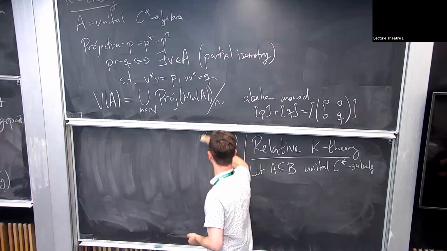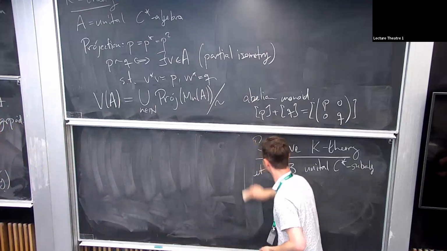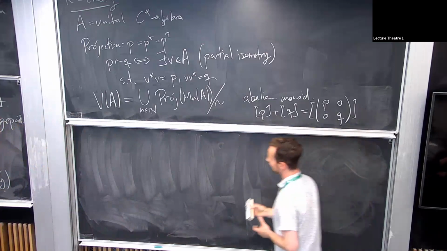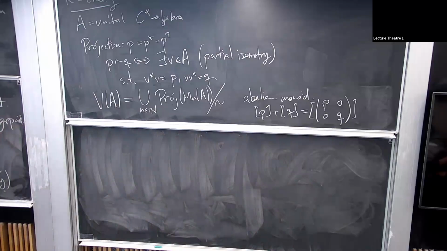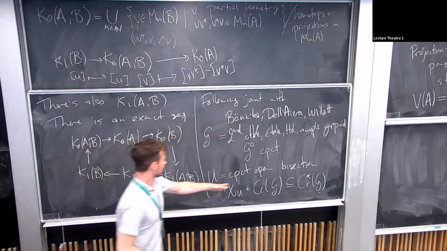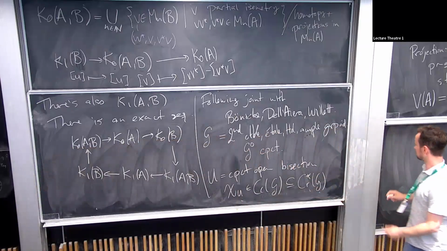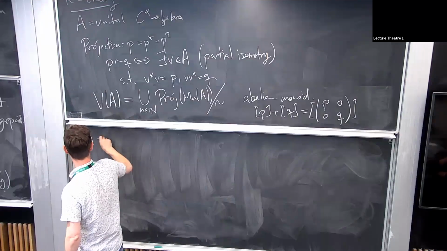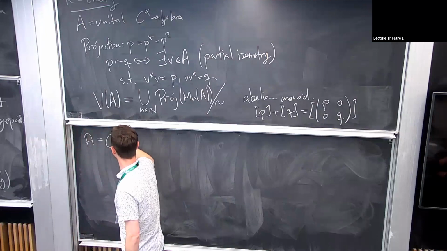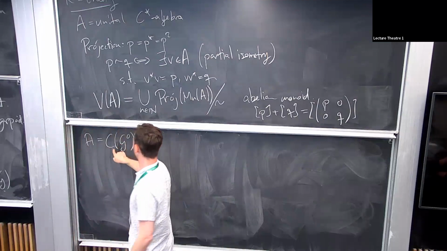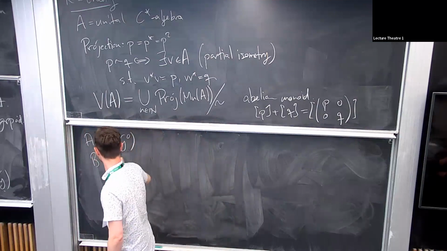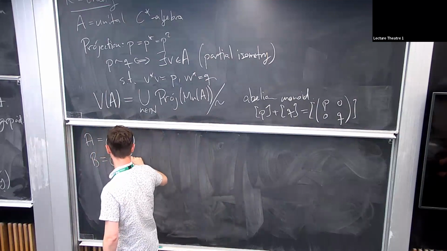So the small algebra is continuous functions on the unit space. Oh, sorry. Yes, I forgot that. Thank you. So the relative thing I'm going to do is take A to be continuous functions on G0. I'm not putting the 0 since I assumed it was compact. And B to be the groupoid C-star algebra.